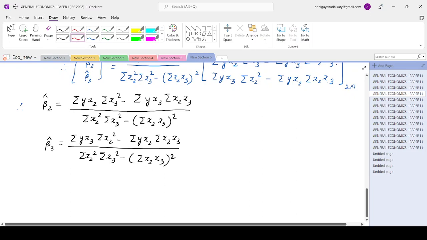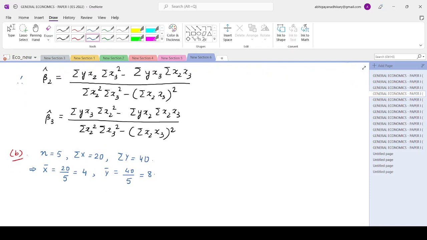We had already discussed the way of estimating the simple linear model in one of the earlier videos where we addressed a question which came in the IES paper. So I'm not going into the derivation of the formulas, just the way we are going to do that. We are given that the sample size is 5, summation x is 20, summation y is 40. So x bar is 20 by 5, which is 4, and y bar is 40 by 5, which equals 8.